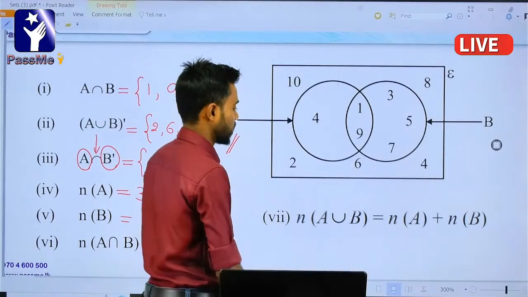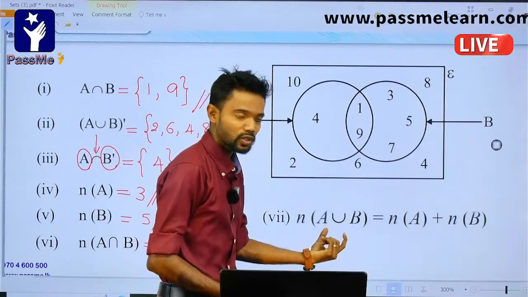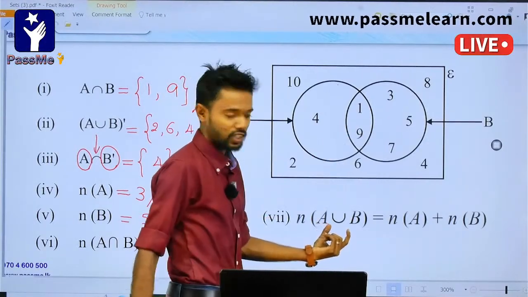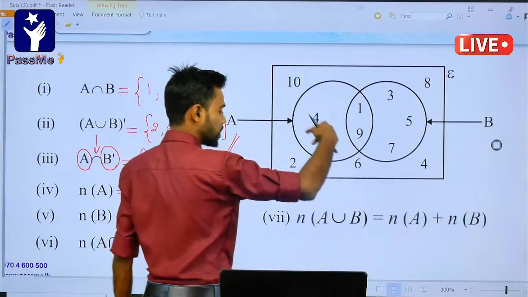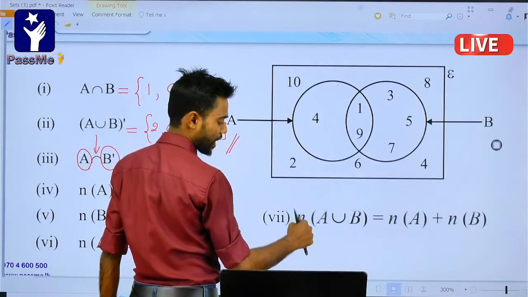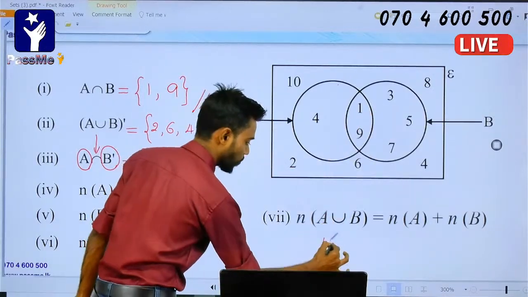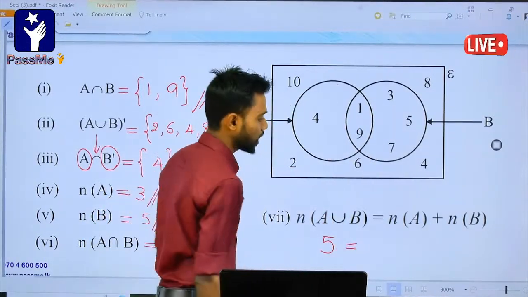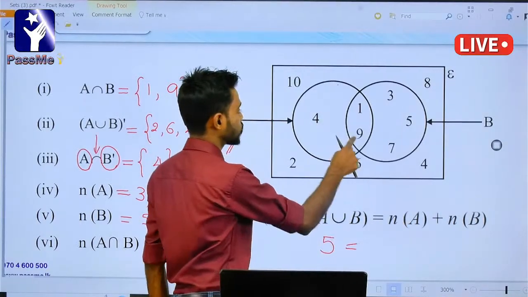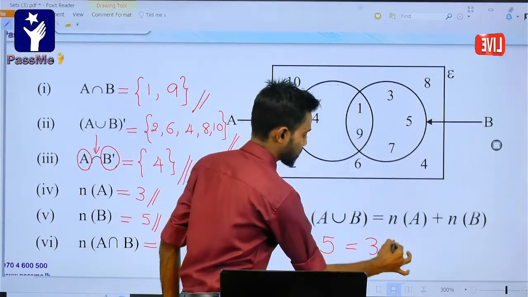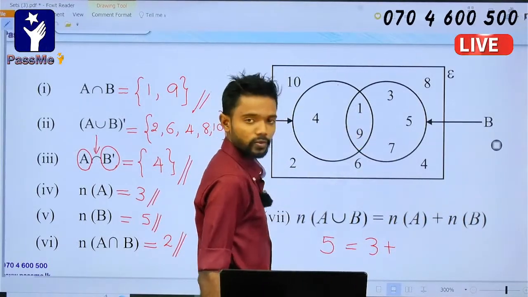Now, A union B means all the elements, 1, 2, 3, 4, 5, 6, right, here 5, is equal to n(A), number of elements of A, 1, 2, 3, plus n(B), 1, 2, 3, 4, 5.